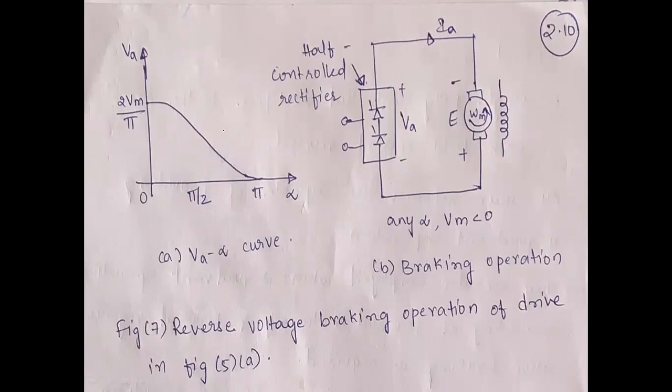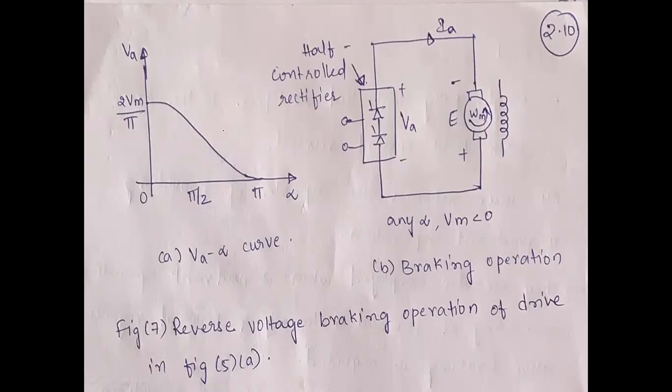Actually, three schemes are used, and I will explain them briefly in the next classes. The first is a single fully controlled rectifier with a reversing switch. The second is a dual converter, and the third is a single fully controlled rectifier in the armature with field current reversal.